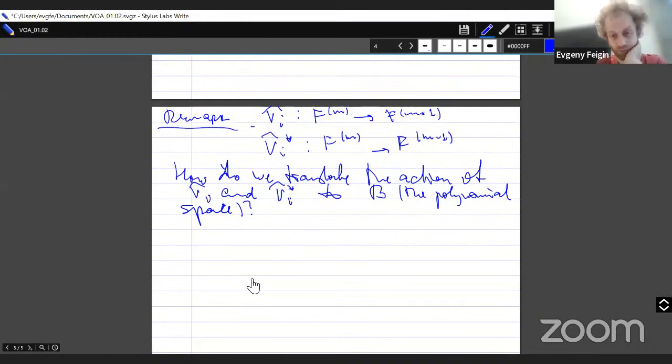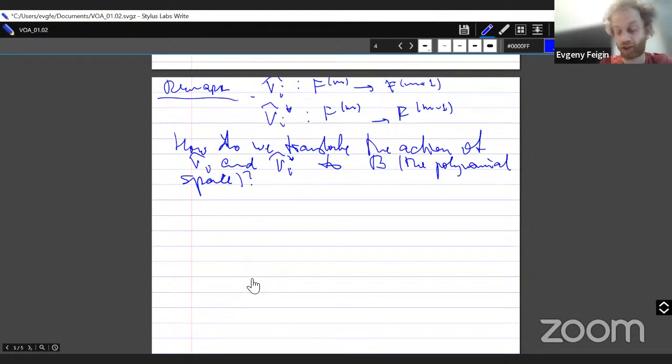Okay. So how do we translate? What are going to be the corresponding operators on the B side, on the bosonic side? And for that, we need some more computation. So let me add this as a lemma.